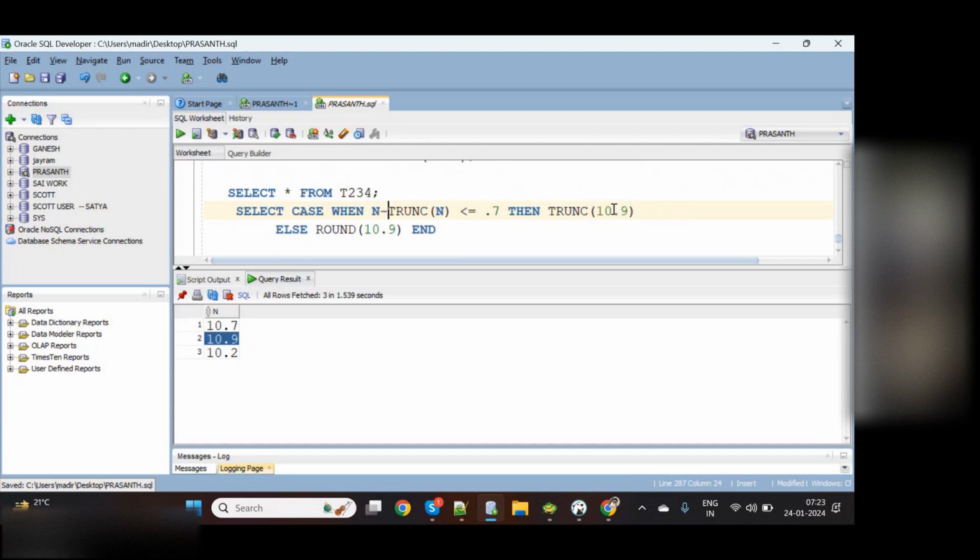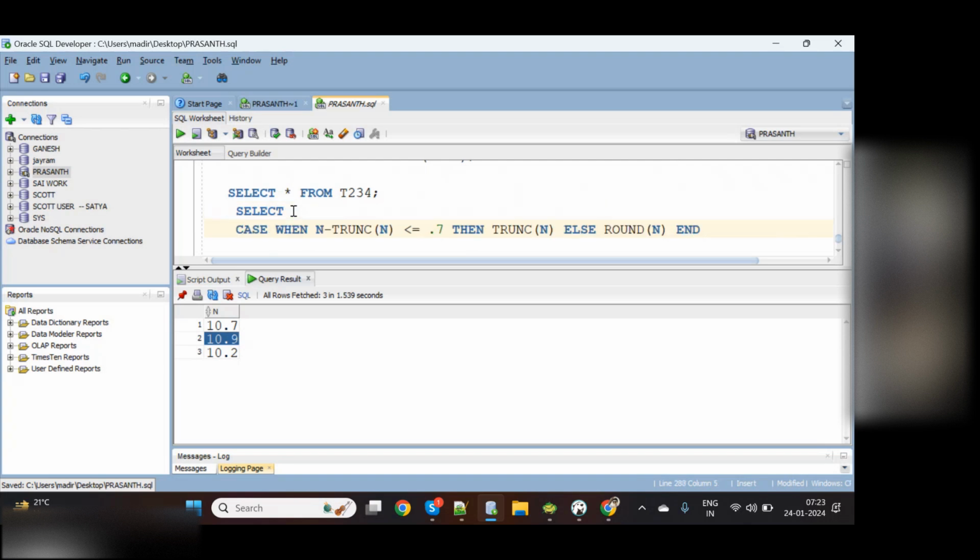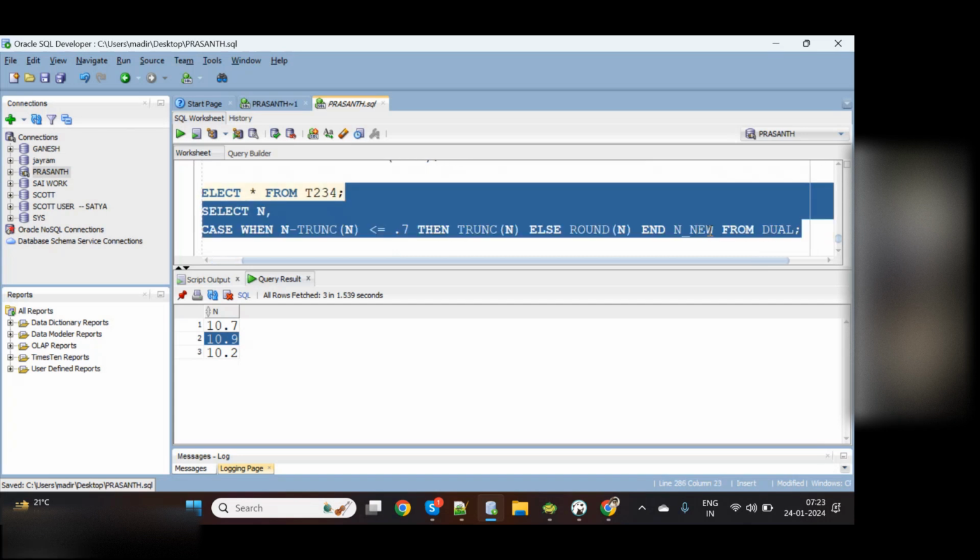And here also n only, and here also n. So simply I am keeping in one single line. What is our actual column? n. What is our new column? I'm simply giving n underscore new from the table. Okay. So now you achieved your output.